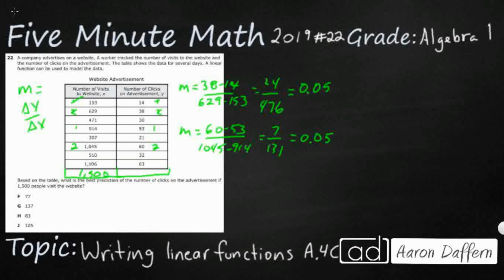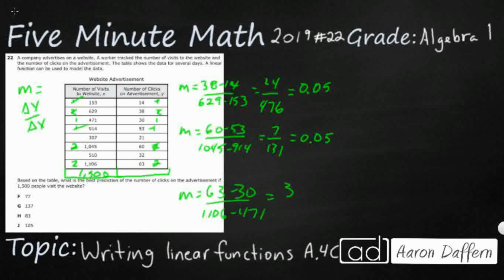Let's try 2 more. That will be my 1, that would be my 2. So my y is going to be 63 minus 30. My x is going to be 1106 minus 471.